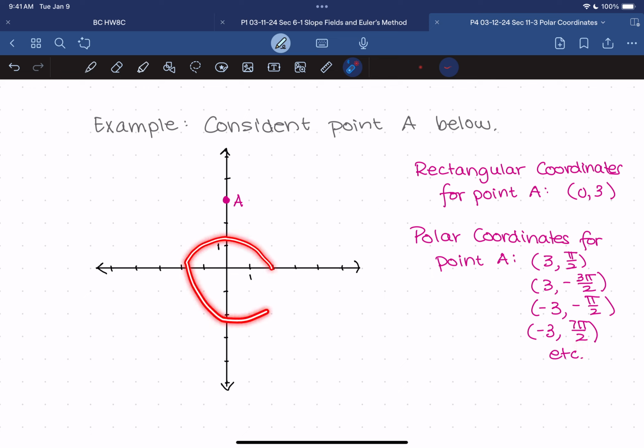That would put us on this ray again, but again, negative 3 radius goes in the opposite direction right there. You can see we could play this game forever and have an infinite number of polar coordinate pairs to represent the same point.